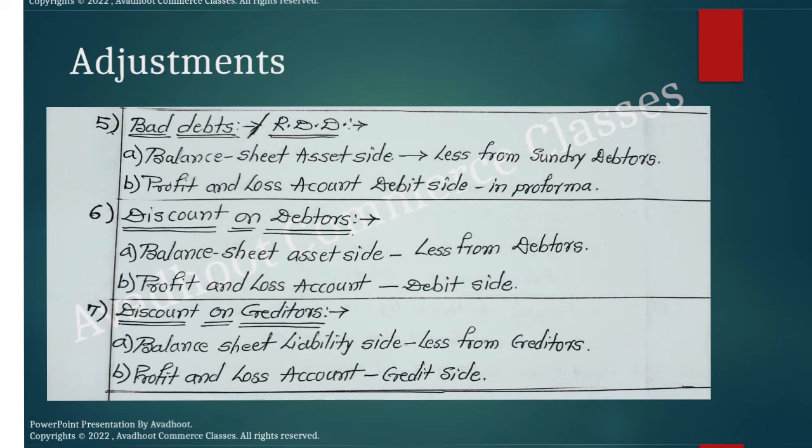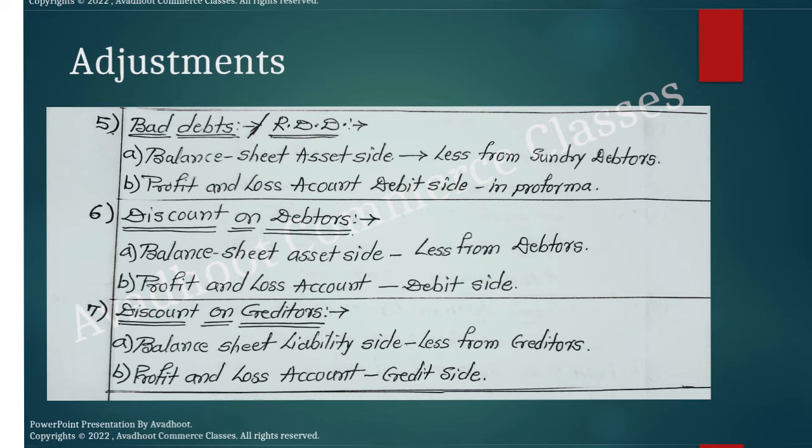We are not going to receive any amount from that particular person. Whereas RDD, it may be received, it may not be received, but the entries for the same will be the same. Same entries are to be done. That's why it is shown under one head, bad debts oblique RDD.